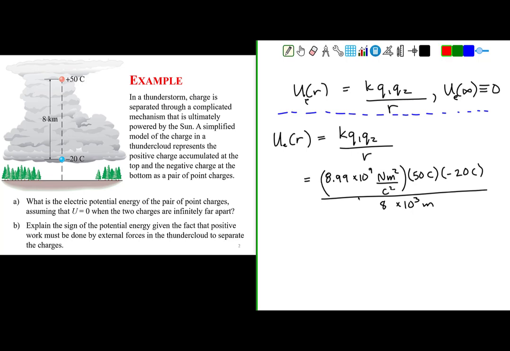Doing a unit check in line, we have a Coulomb squared in the numerator, cancels with a Coulomb squared in the denominator. We have a meter in the denominator, cancels with one of the meters in the numerator. And we have final units of being a Newton meter. A Newton meter is a joule.